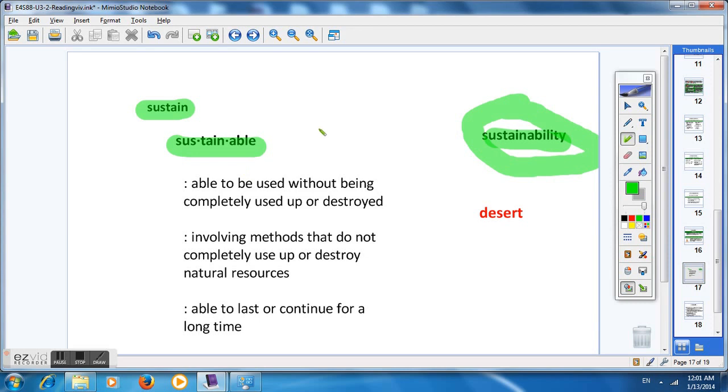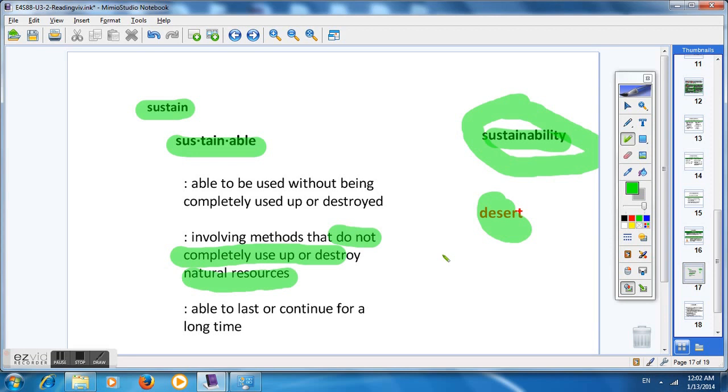So what do you mean by that word? Sustainable means able to be used without being completely used up or destroyed, involving methods that do not completely use up or destroy natural resources, and able to last or continue for a long time. So can you imagine, we're thinking about a desert, and then you think about not completely using up or destroying natural resources.